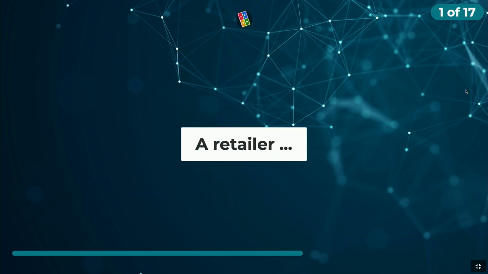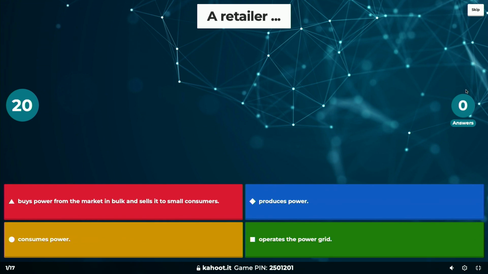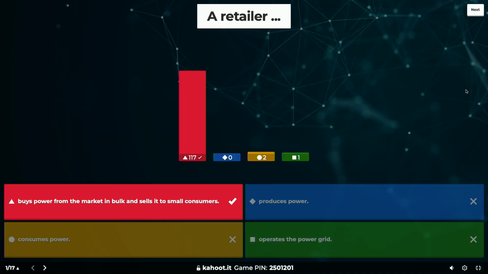A retailer... 117 right answers. Fantastic. A retailer buys power from the market in bulk and sells it back to small consumers.